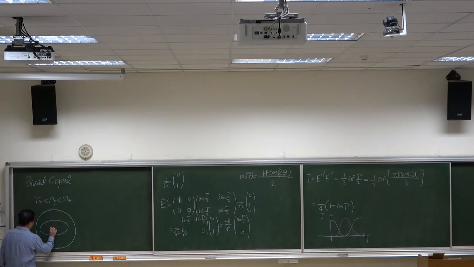The radius of the big circle is nz omega over c, and the shorter semi-major axis of the ellipse is nx omega over c, and the longer semi-major axis is ny omega over c.